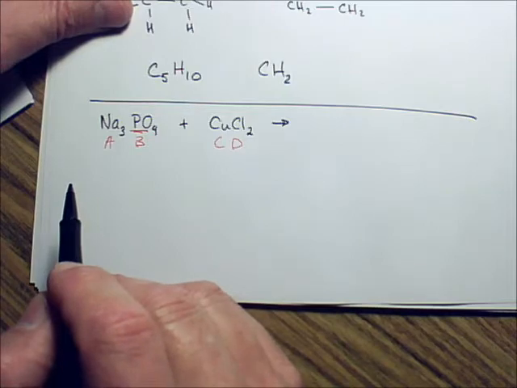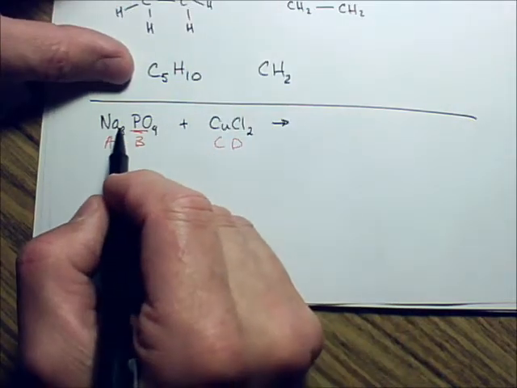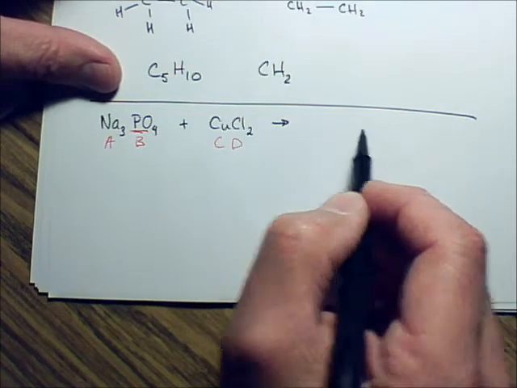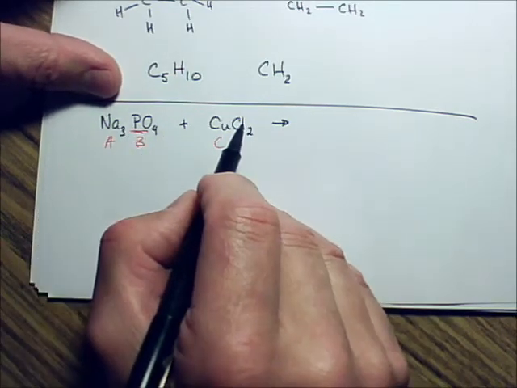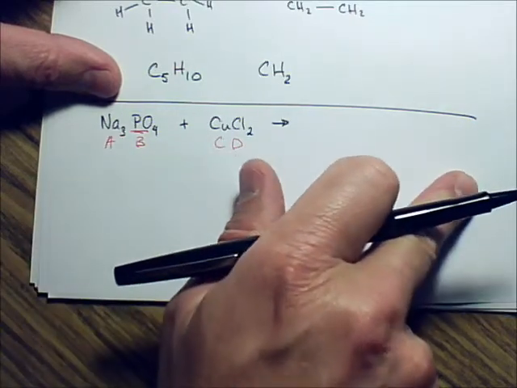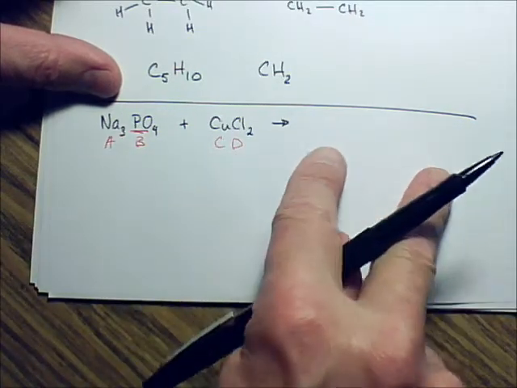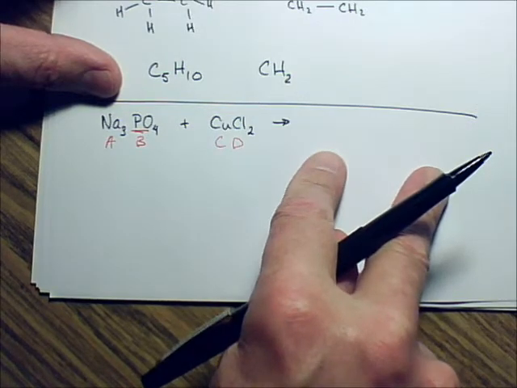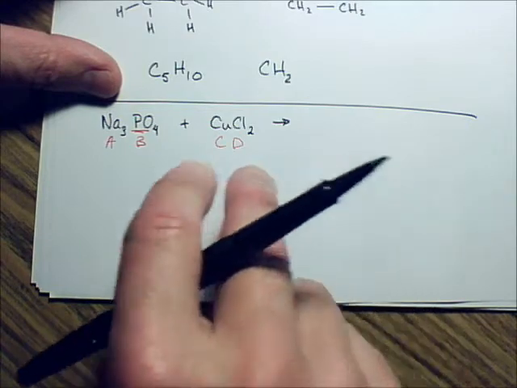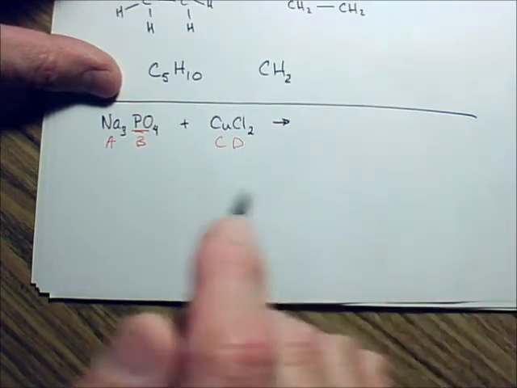So if a reaction is going to occur, and this is a big if right now, the front part of this has got to go with the back part of that. And finding out if the reaction moves forward is all about the products with a double replacement reaction. So we have to figure out what the product is going to be to see if we can have a reaction. So let's do that.